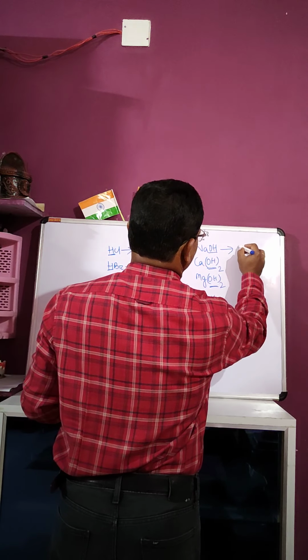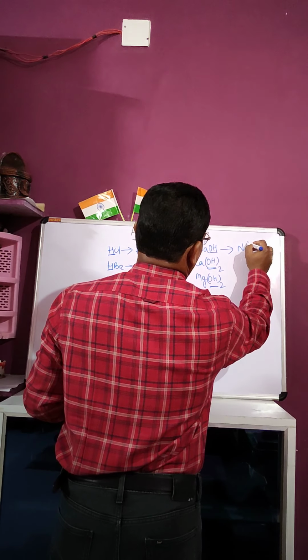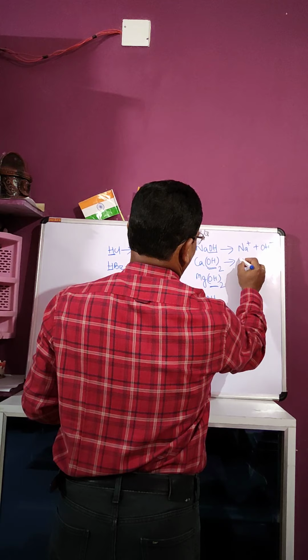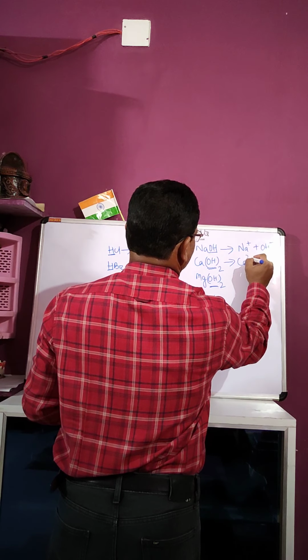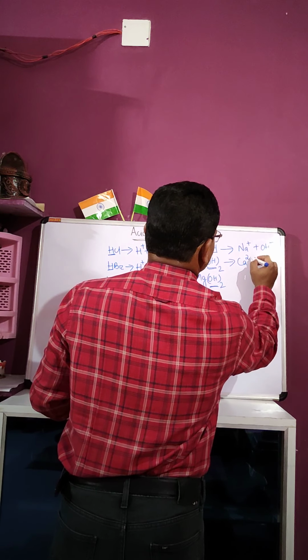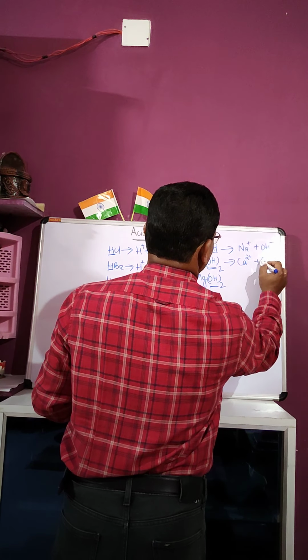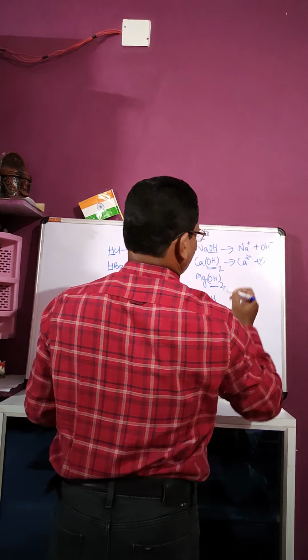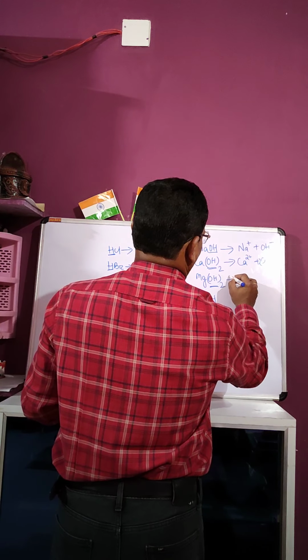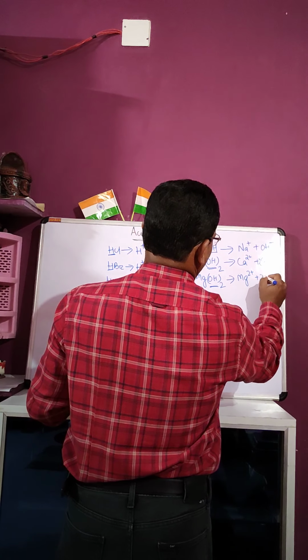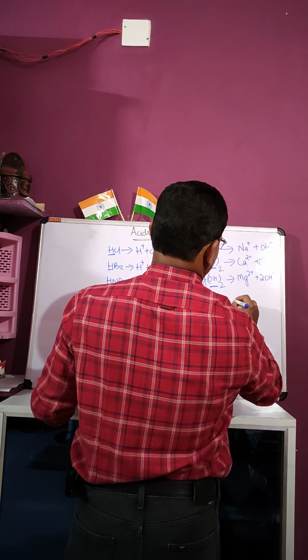NaOH on dissociation will give Na plus and OH minus. Similarly, calcium hydroxide will give Ca2 plus and 2OH minus. Magnesium also same, Mg2 plus and 2OH minus.